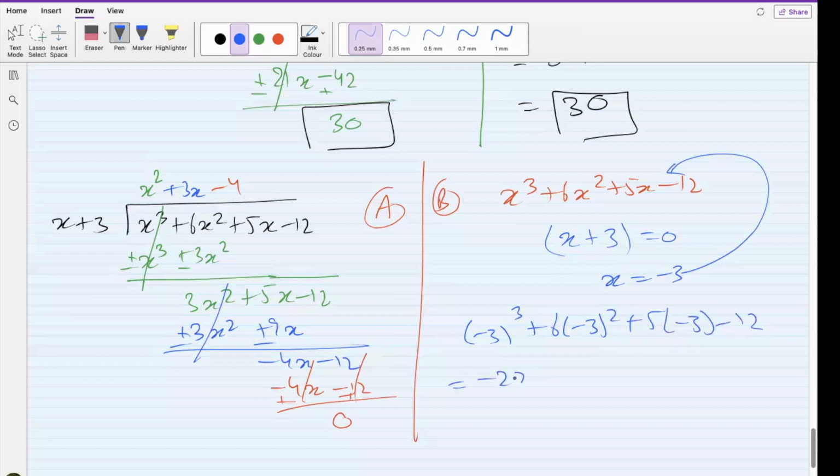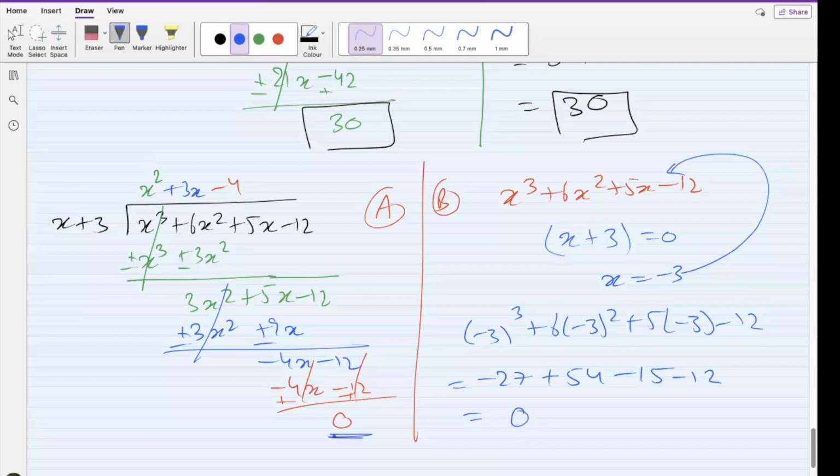This is minus 27, 3 times 9. 9 into 6 is 54, minus 15, minus 12. So minus 27 plus 54 minus 15 minus 12 is 0.